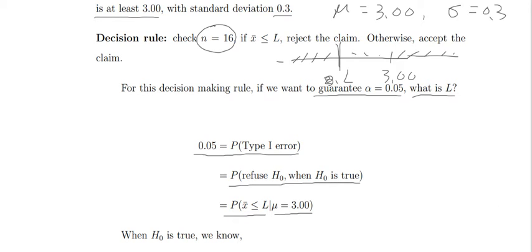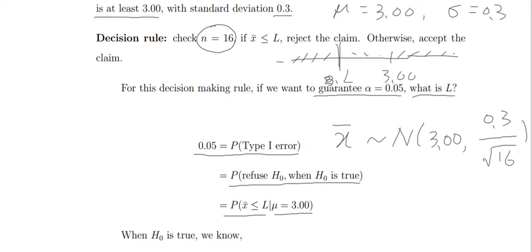When mu equals 3.00, we can know the distribution for X bar, right? X bar follows a normal distribution with mu 3.00 and standard deviation sigma over radical n, where sigma is 0.3 and n is 16.